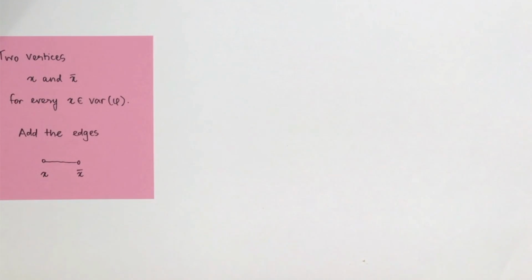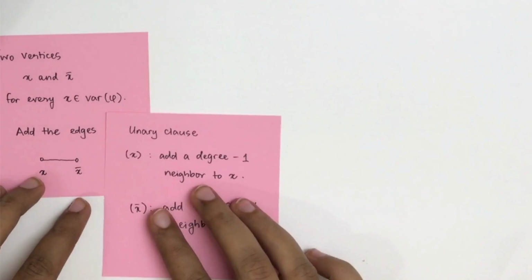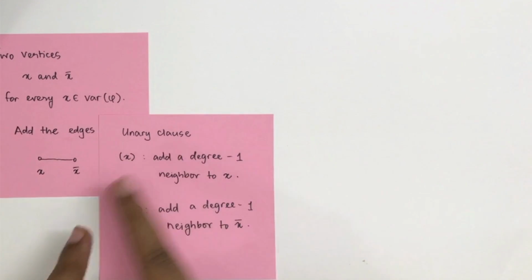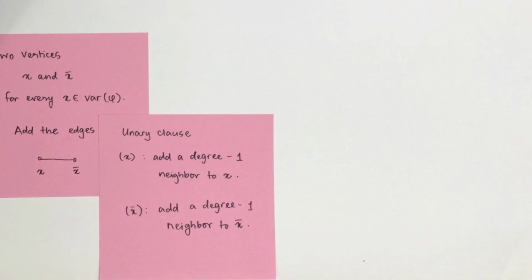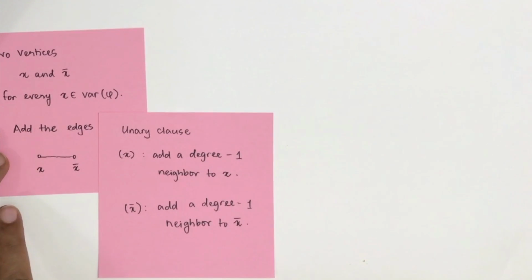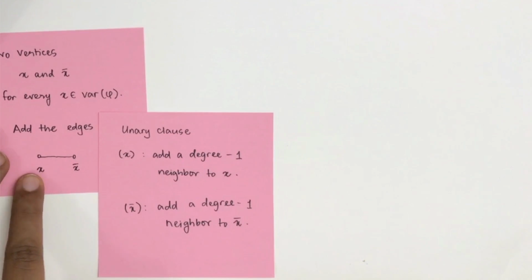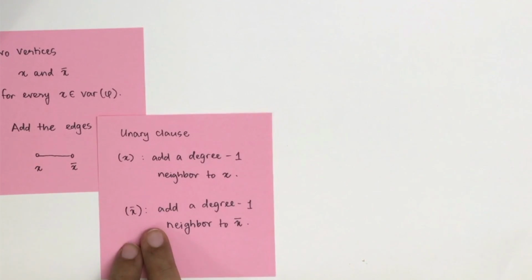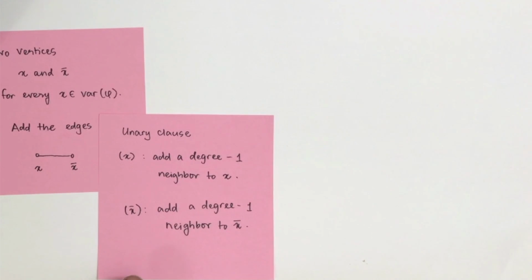So let's make a distinction between them. If you have a clause that has just 1 literal in it, we are going to call these unary clauses. Then if you have a clause with the literal x, then what we are going to do is add a degree 1 neighbor to the vertex that's representing the literal x, and if we have a unary clause with the literal x bar, then we'll add a degree 1 neighbor to the vertex that's representing the literal x bar.